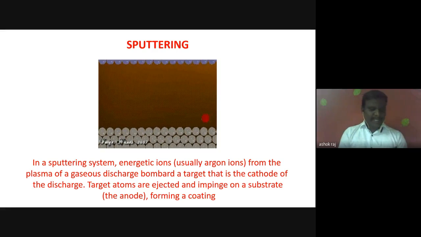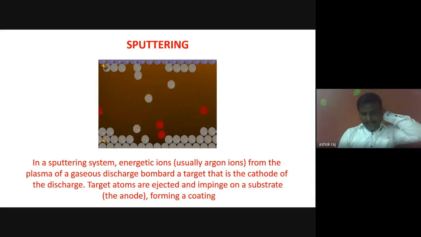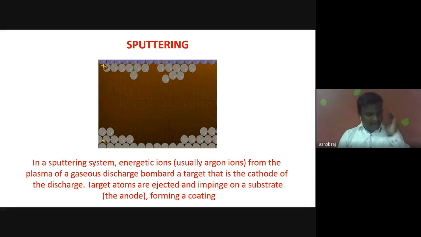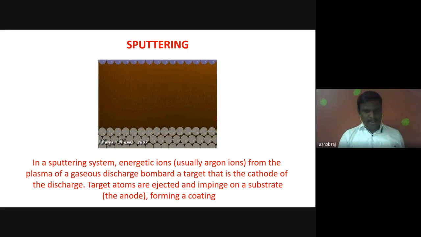This method basically involves the formation of ionized plasma of argon in the space between the two electrodes, that is the cathode and anode. When voltage is applied between the cathode and anode, usually the cathode is the target material, and the substrate holder acts as the anode. The target material is bombarded heavily by ions, ejecting atoms from the surface of the cathode through momentum transfer.